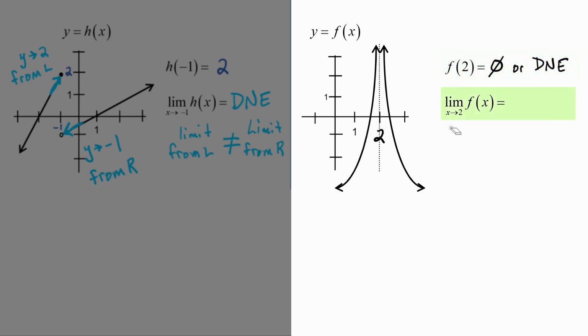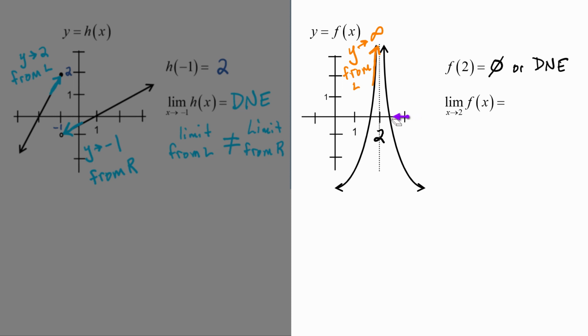Now, to find the limit as x approaches 2 of f of x, we have to look at what's happening as x approaches 2 from the left and as x approaches 2 from the right. So coming into 2 from the left, we would be riding along this part of the function, and the y value there is going to infinity as x approaches 2 from the left.